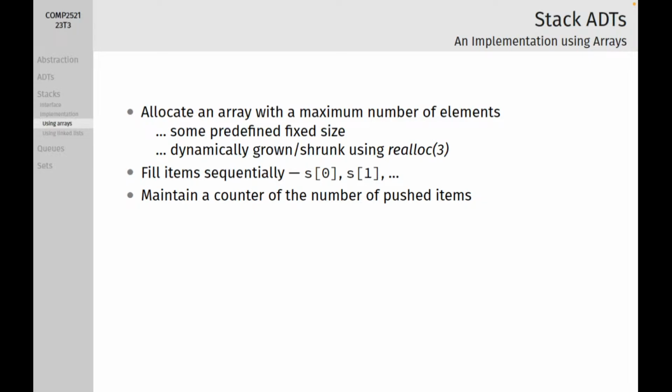And if we insert more elements than there are spaces in the array, then we could reallocate it if we wanted. And every time we push something onto the stack, we just store that item in the first available position, right? So the first empty space, right? And then we also maintain a counter of how many items are in the stack, right? So we know where the next item goes, okay?